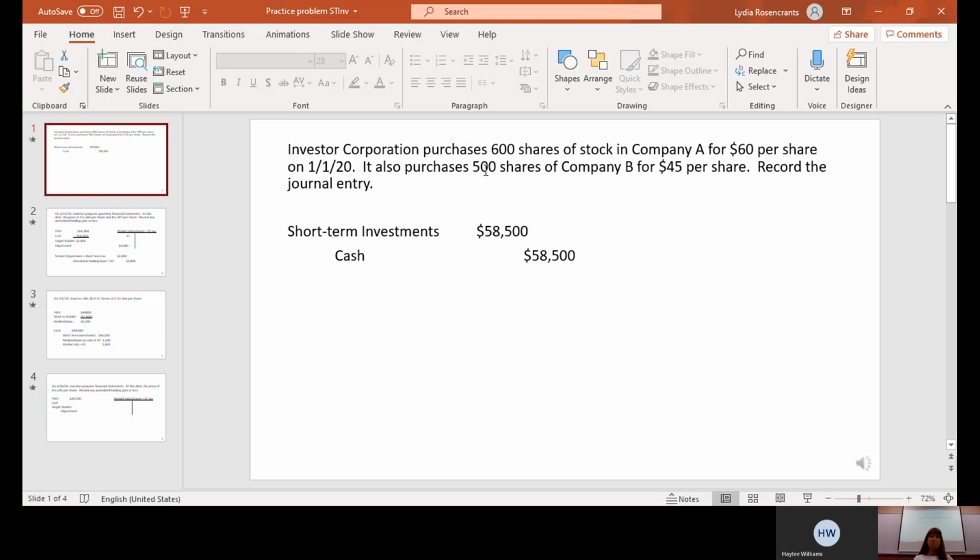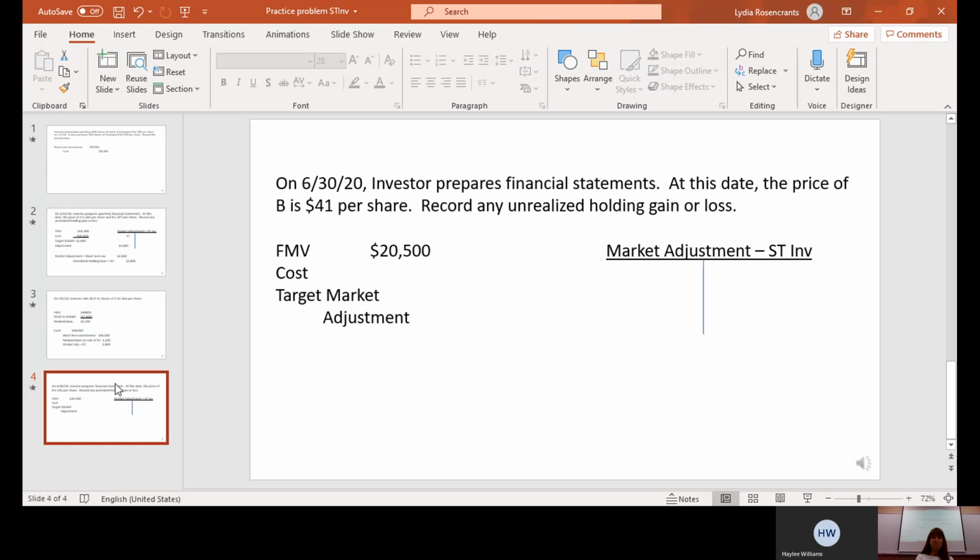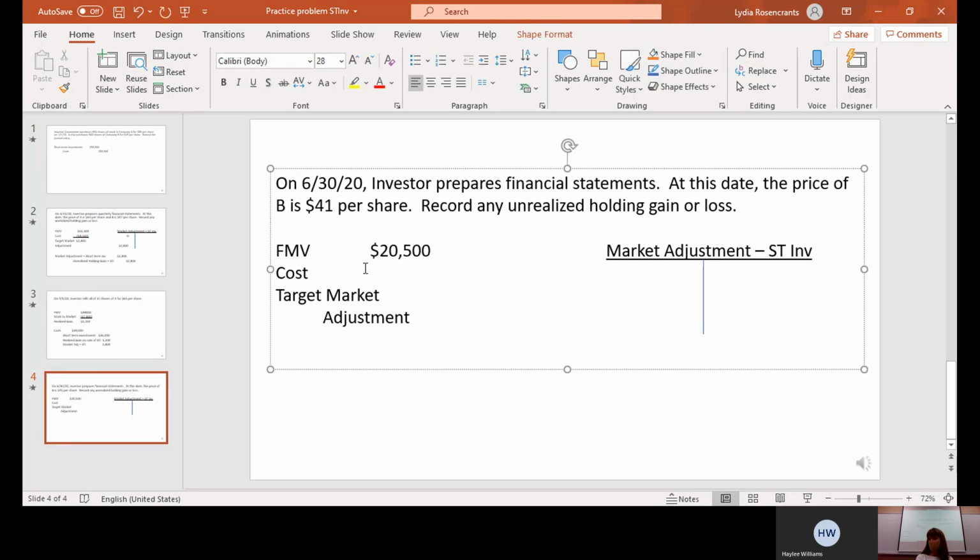So they originally bought 500 shares at $45 per share. So the cost was $22,500. So you can see that the target market adjustment is going to be a negative number, right? It's going to be a negative 2,000 because the cost is greater than the fair market value.